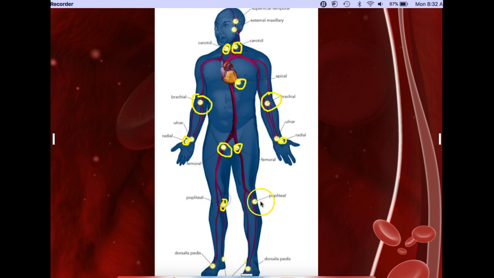Popliteal pulses behind the knee. And then we've got the pedal pulses right about on the top of the feet. And the tibial pulses right at the side of the ankles there. So those are the pulse point locations, which you should have already learned in anatomy and physiology. And in this class, we're going to learn how to assess for the presence of the pulses.